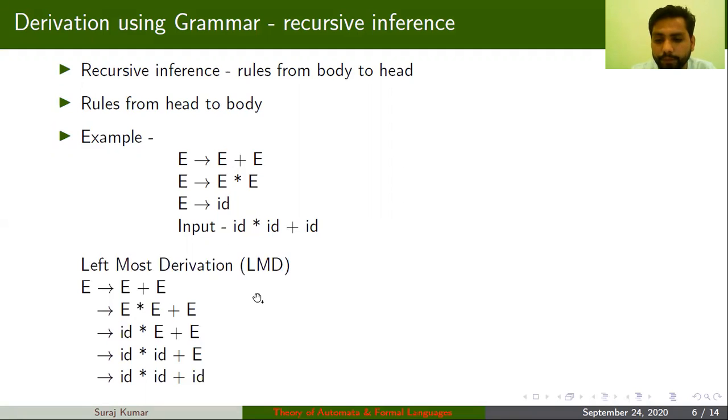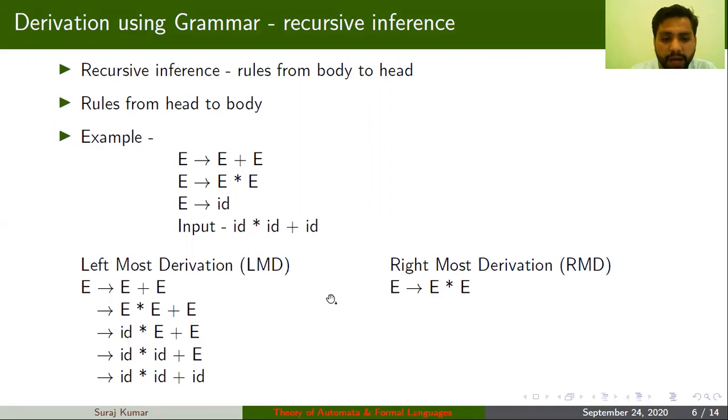Similarly, if you want to write the rightmost derivation, RMD, what you can write first is E implies E star E. In case of rightmost derivation, you will replace your rightmost variable first. So you replace the rightmost variable with E plus E to generate plus, because your star has been generated.